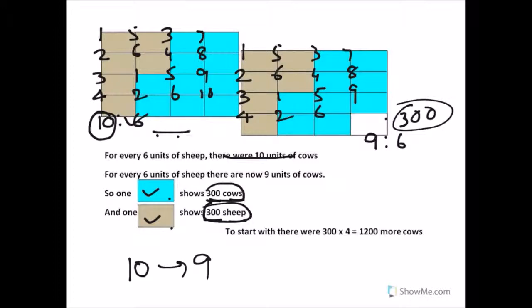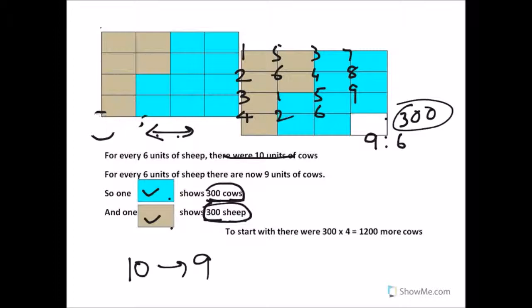So we come to this diagram. Let me erase the numbers. This was representing the total number of cows and sheep to start with. So how many cows were there? 1, 2, 3, 4, 5, 6, 7, 8, 9, 10.